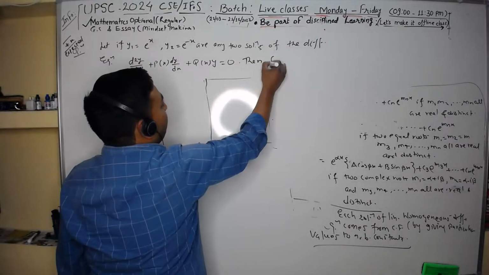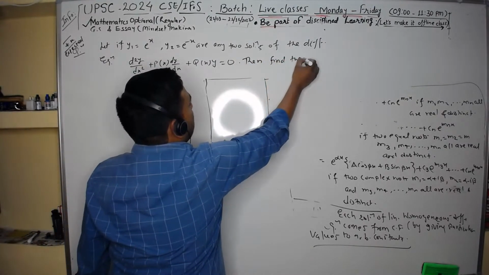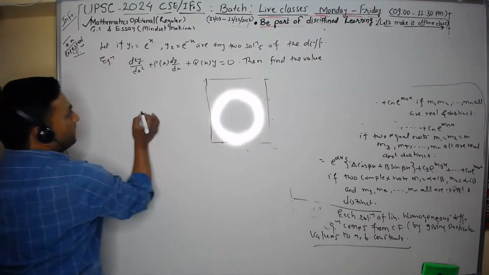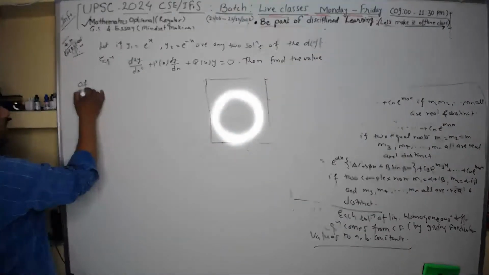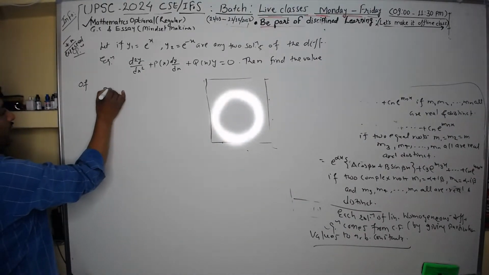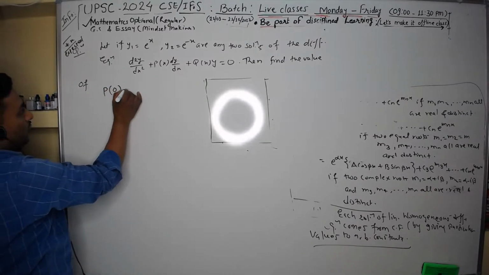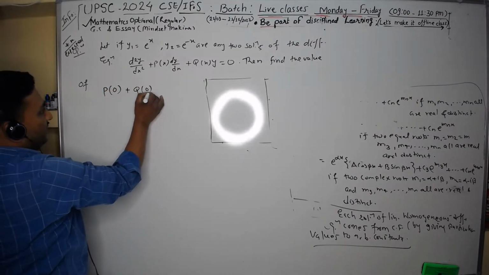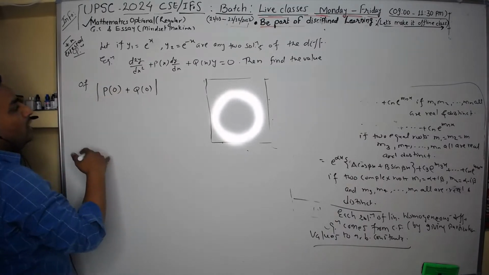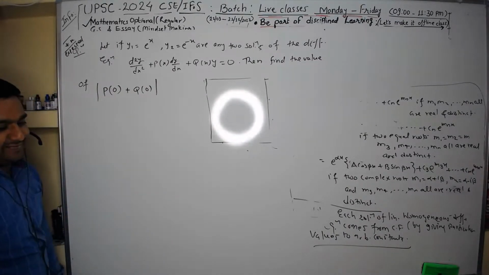Then find the value of modulus of p at 0 plus q at 0.